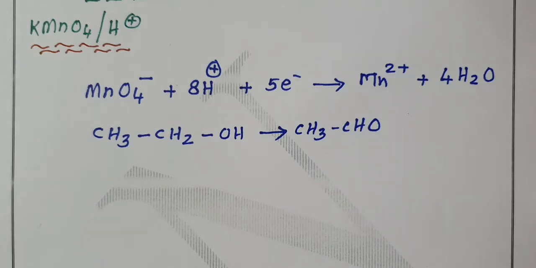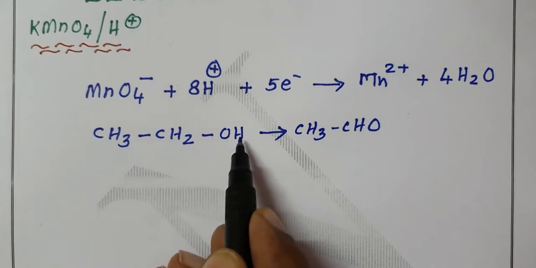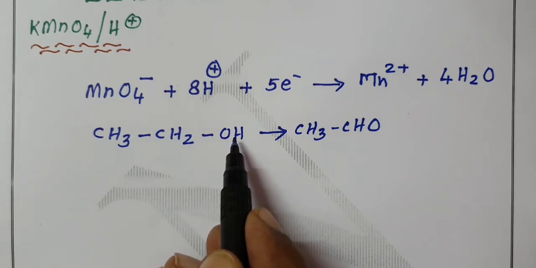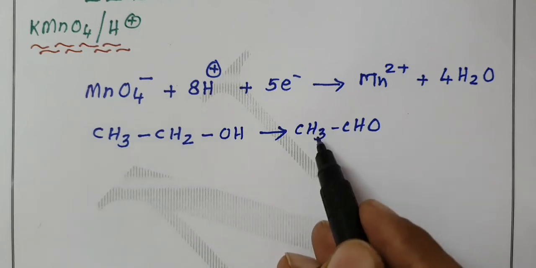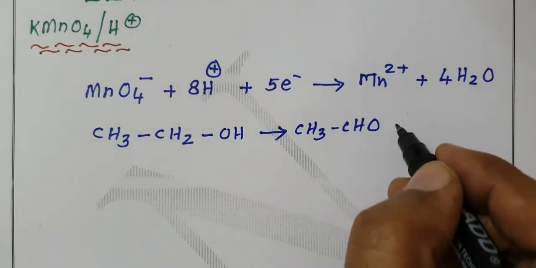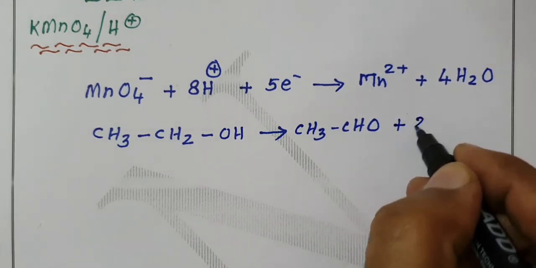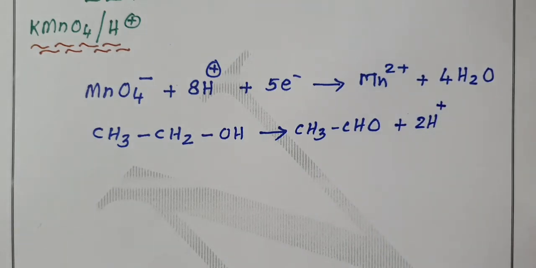Oxygen is also balanced. Third, balance hydrogen. 3 plus 2 equals 5, 5 plus 1 equals 6. So the left hand side has 6 hydrogen, and the right hand side has 3 plus 1 equals 4. The remaining 2 hydrogens are balanced by adding 2 H plus ions.